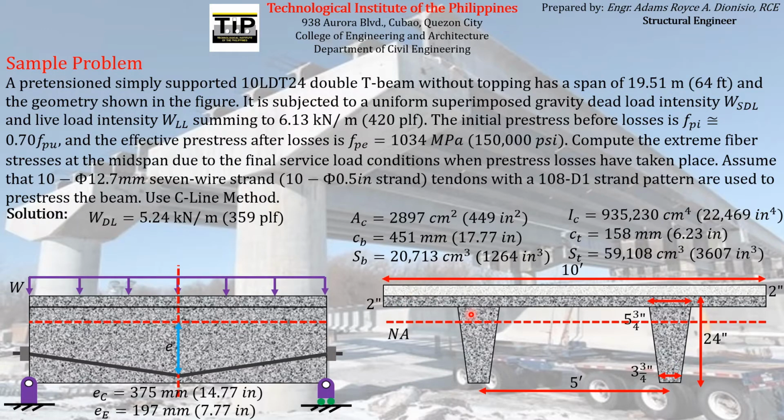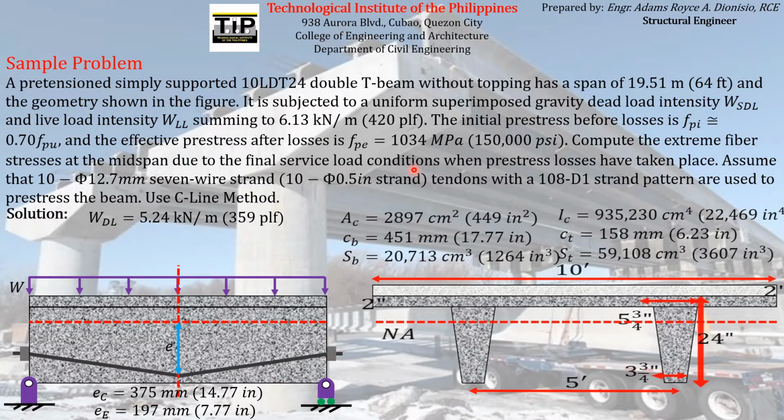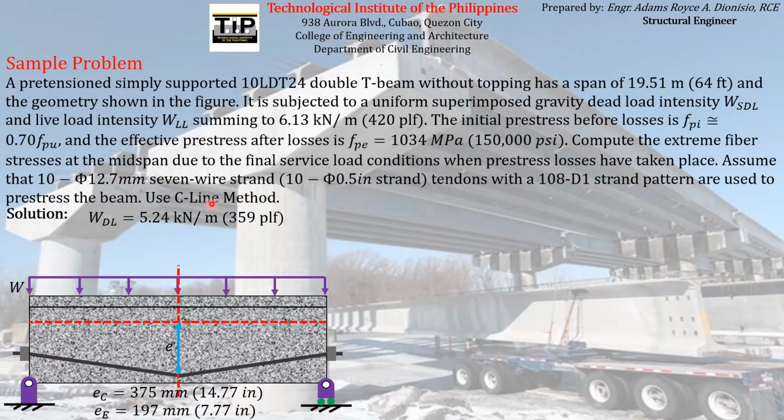So without further ado, let's start the solution for finding the extreme fiber stresses at the midspan at final service load conditions. Since we are using the C-line method, we just have to recall how to find the total stresses acting on the concrete element using the C-line method.